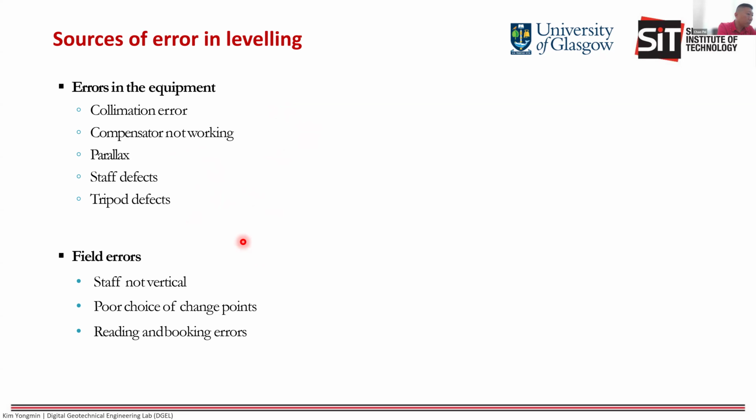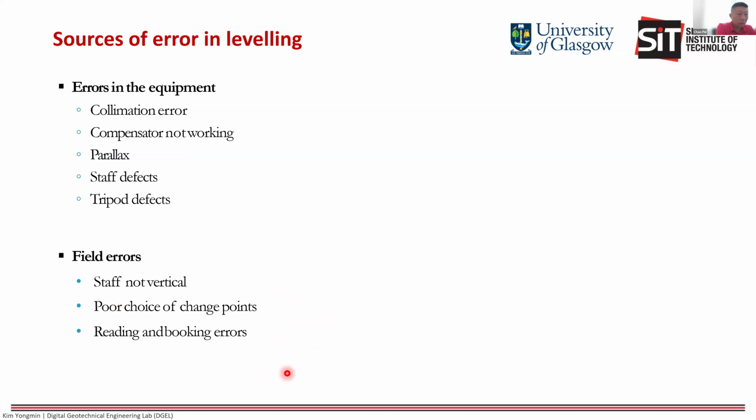Some field errors are the staff not being held vertically, which affects the reading accuracy, and also a poor choice of change points, which you want to look back to after changing but is not easy to see, is blurred, or only half visible. Then you need to adjust your change point.